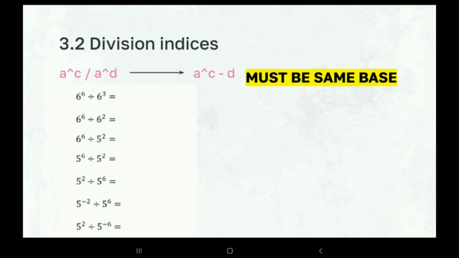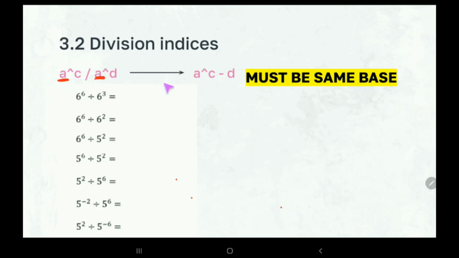Now we have also division with indices. So here, if we have a to the power of something divided by a to the power of another thing, we can subtract the power, but just like the previous law, we have to have the same base in order to subtract.